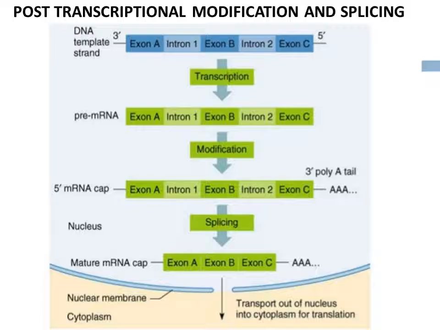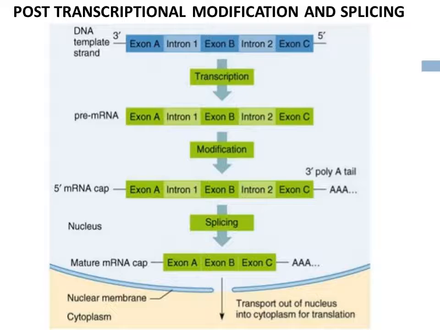At this stage the RNA molecule is non-functional, meaning it cannot be translated. After splicing, this RNA molecule will be mature and ready to be exported out of the nucleus into the cytoplasm for translation. Translation can then take place on this mRNA molecule.